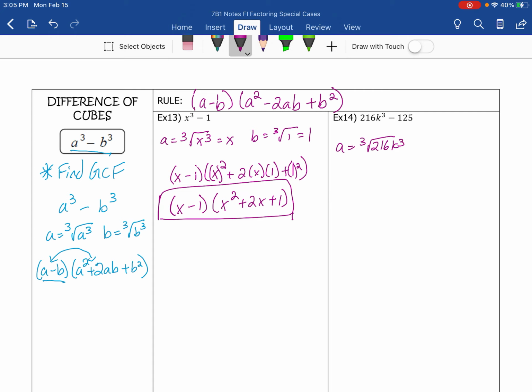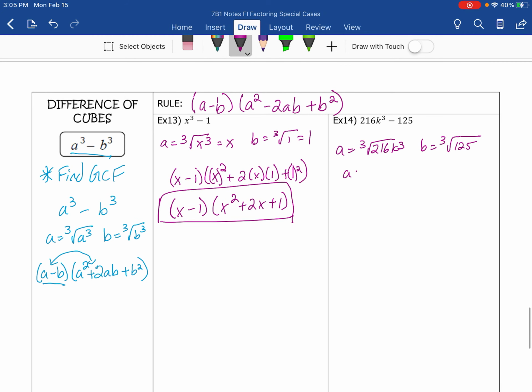Next one, no GCF again. A is going to be the cube root of 216k cubed. B is going to be the cube root of 125. Again, don't make it a negative. So A in this case is going to be 6k and B is going to be 5.